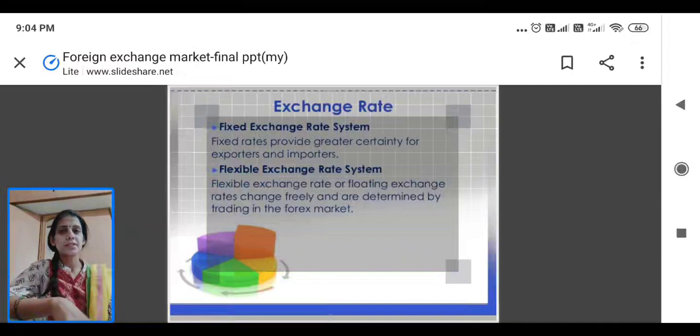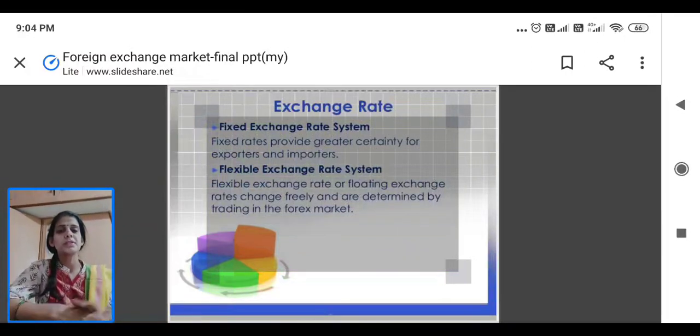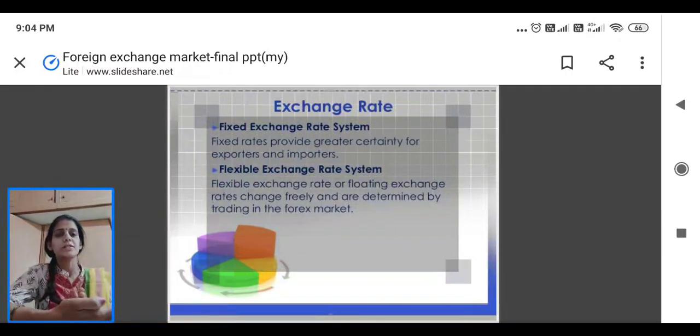So when you are fixing the price, for example, today itself I am fixing one particular price to buy certain commodities, or for exchanging currency for today's date. Today the dollar rate is equal to 76.13.